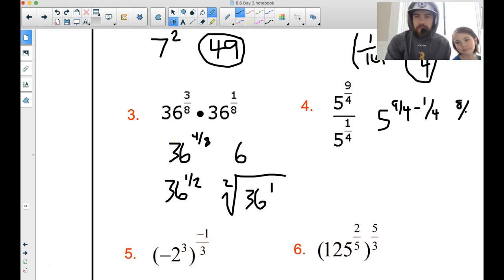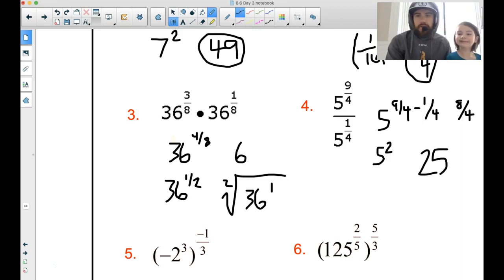So 9/4 minus 1/4 is 8/4. Okay, and this fraction here just means divide. So 8 divided by 4 is 2. Good. So this is the same as 5 squared, which is 5 times 5, Nova?